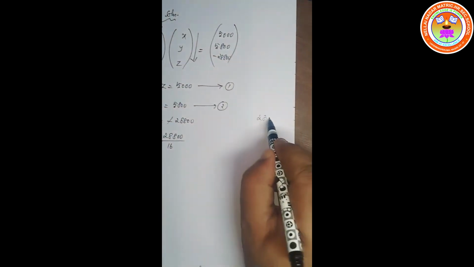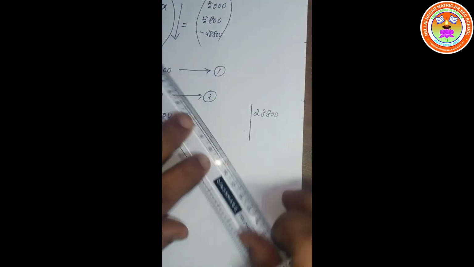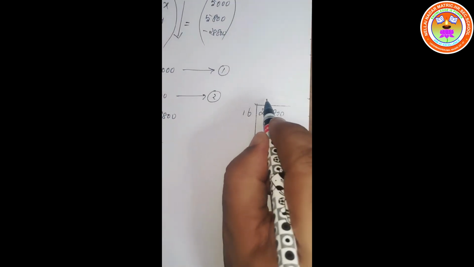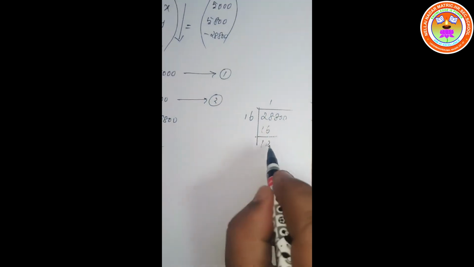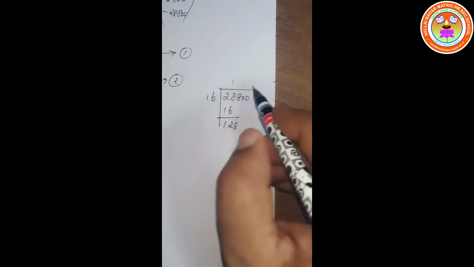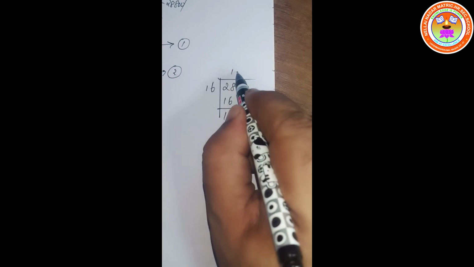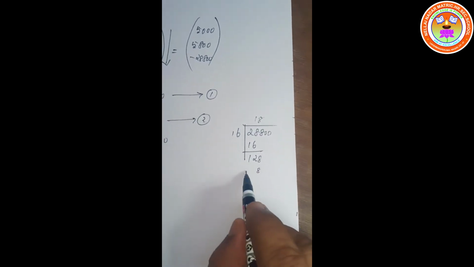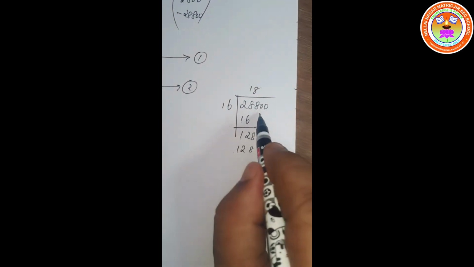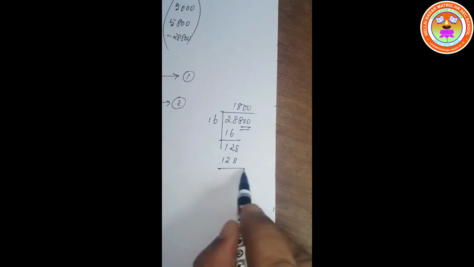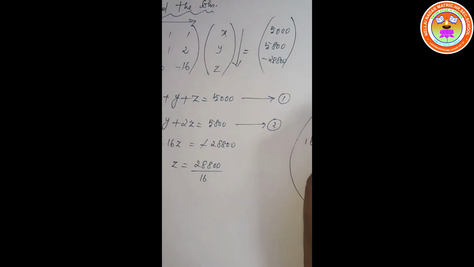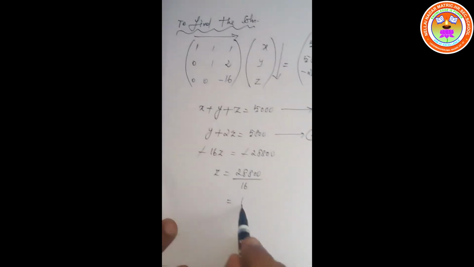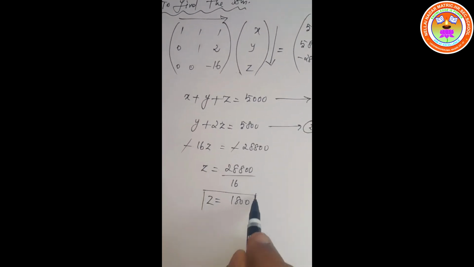Rough work: 16 ones are 16, balance 12, 8. How many times? 8 times. 8 6s are 48, 128. Then zeros balance. That is equal to 1,800. Got the value of z.